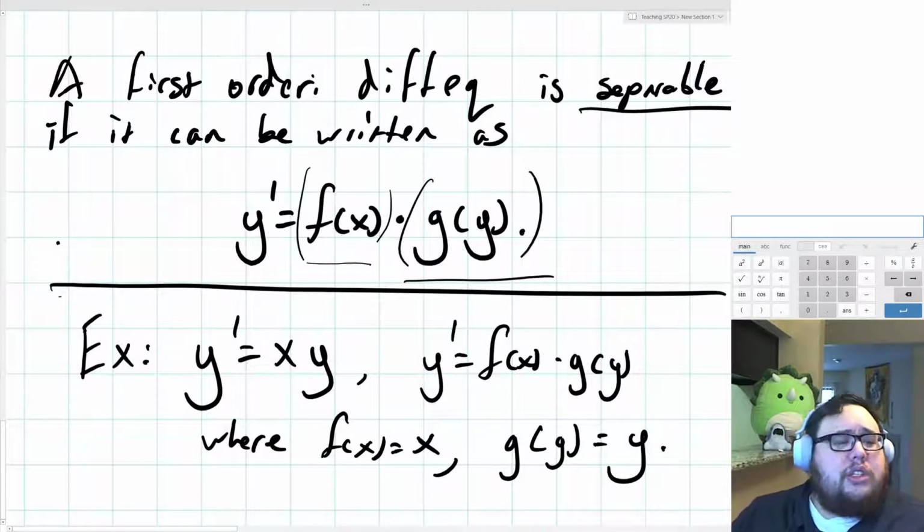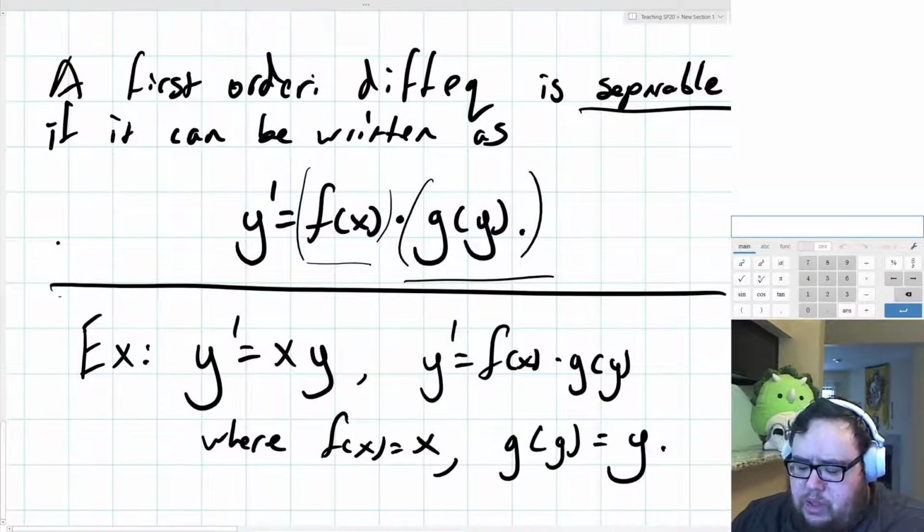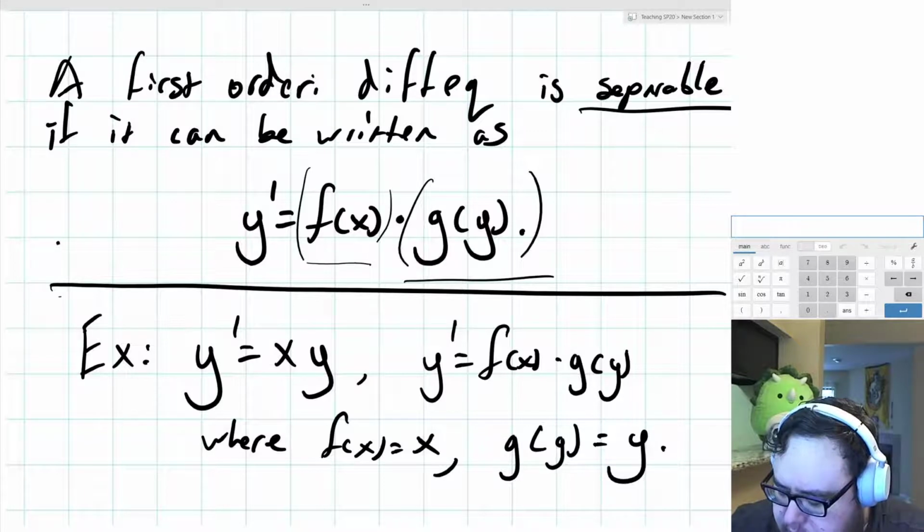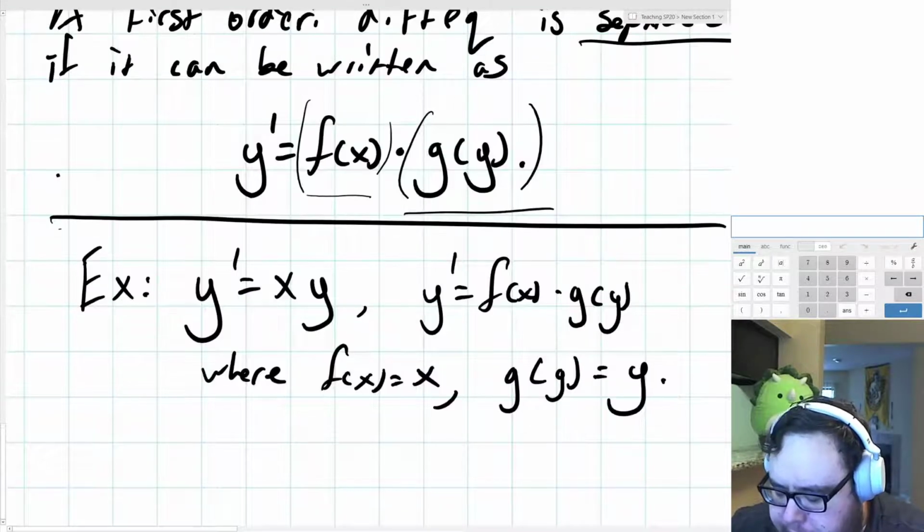In other words, a differential equation is separable if these two things aren't intertwined in such a way that you can't separate them from each other.